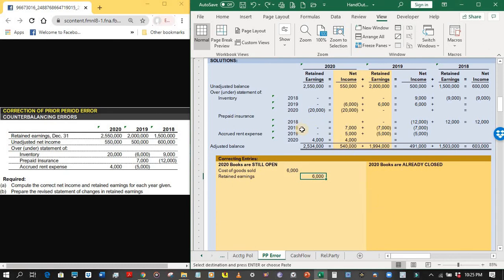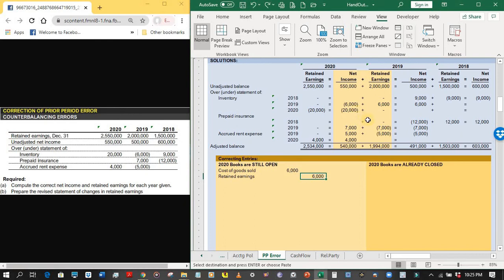The next is the 20,000 overstatement of the inventory in 2020. And looking at these two columns, the adjustment only pertains to the net income in 2020, and that is a decrease. Again, adjusting the net income requires nominal accounts.